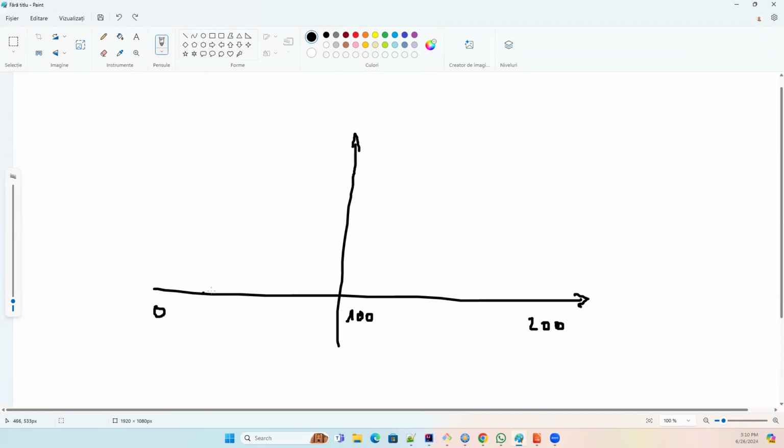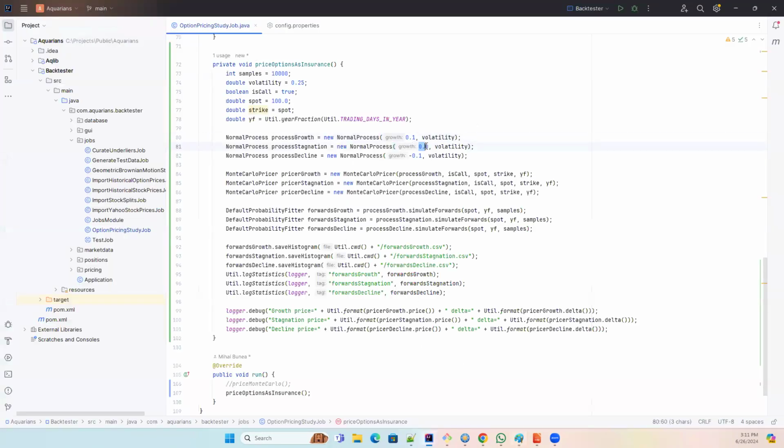So we can have prices that are higher than 100, lower, but most of them will be around 100. So on average, the price of the stock after some time will be 100, if this is for a 0 growth.